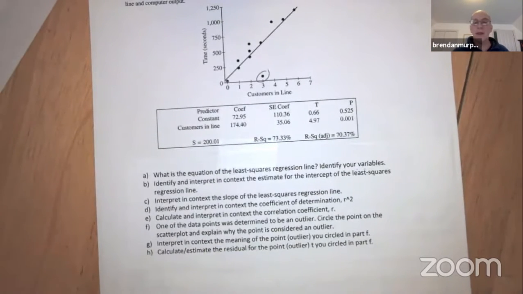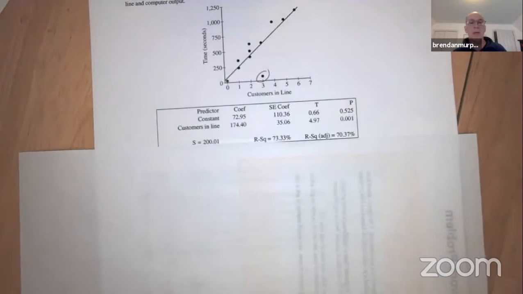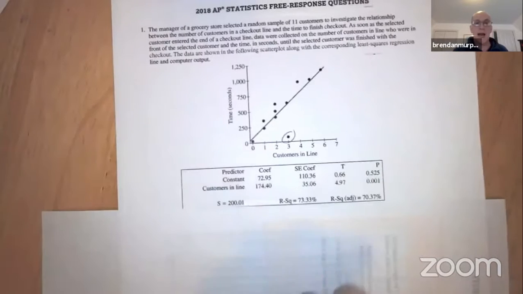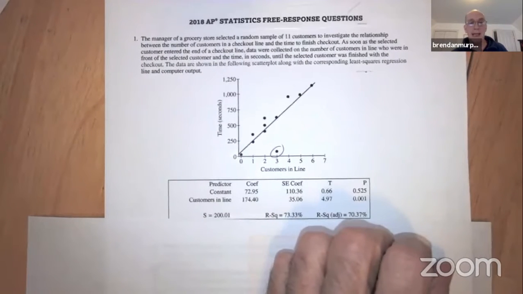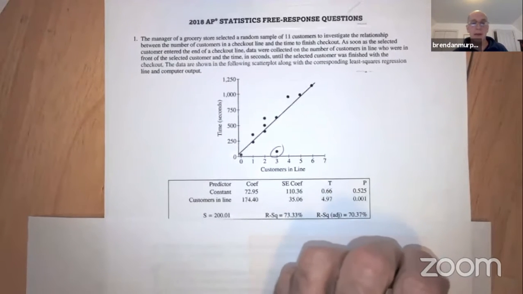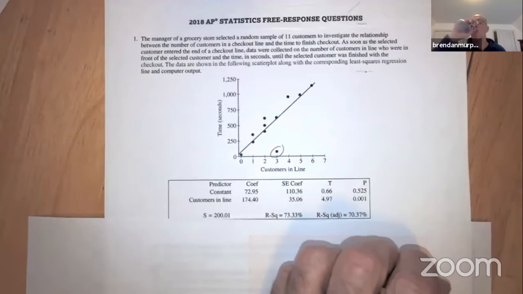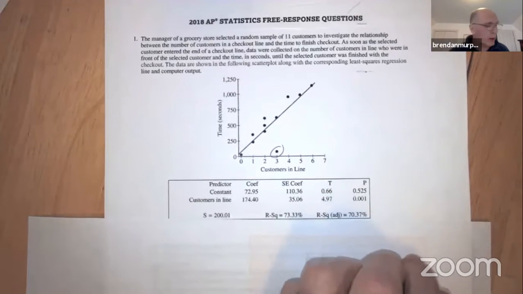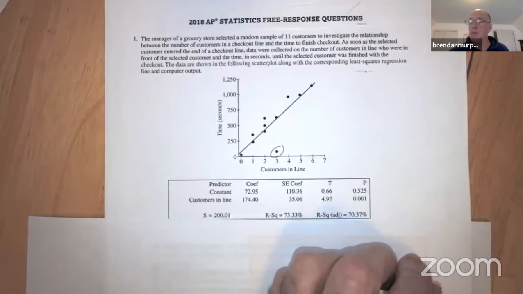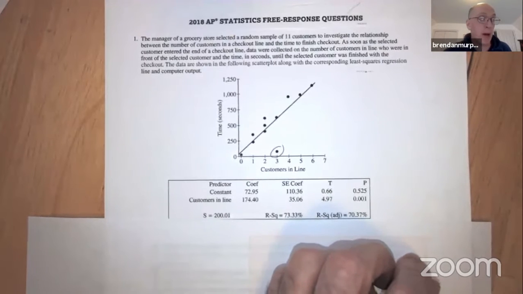So I'm going to do hopefully a couple, 2 or 3, free response today. The stem of the problem here is the exact problem from the 2018 exam. So the stem is exactly the same. What I did is I added many more questions to this problem.